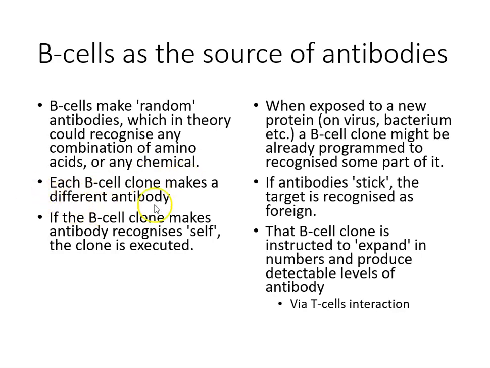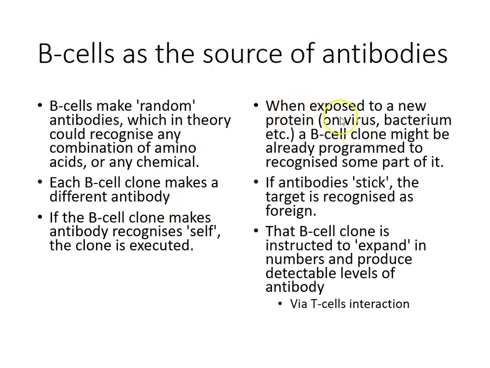Each B cell clone makes a different antibody to a different thing. However, if that B cell clone happens to make something that recognizes self, that B cell clone is executed, and all the B cell clones that don't make something that recognizes self are kept and they survive.